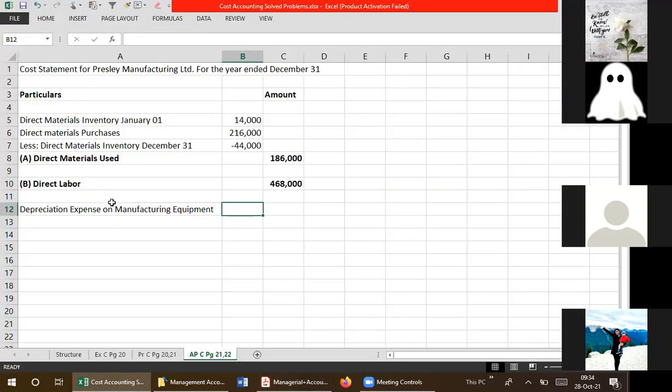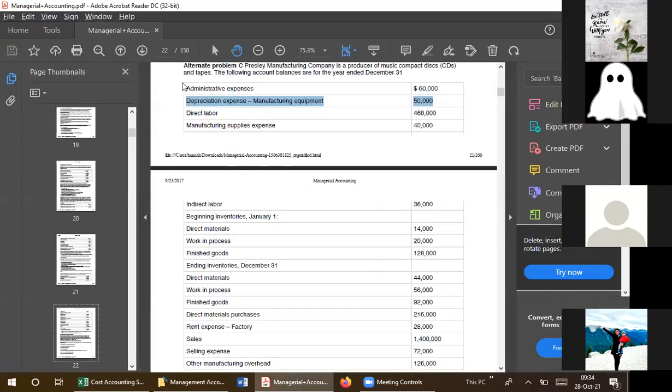That's 50,000. Direct labor is direct labor. Manufacturing supplies expense is manufacturing overhead.